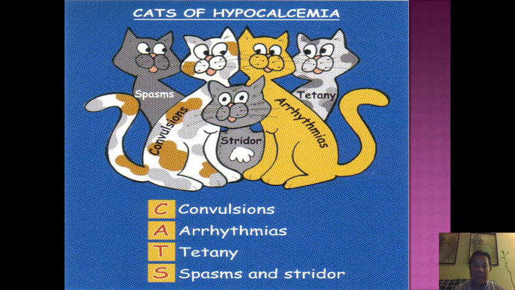Remember, if the patient has hypocalcemia, the patient may experience convulsions, involuntary muscular contractions like tetanic contractions right here, cardiac dysrhythmias, because calcium is also an electrolyte that helps regulate the electrical impulses in the heart, spasms, particularly of the muscles, and even respiratory muscles, and even your trachea, that can lead to constriction of the opening of the airways, that may lead to stridor, which is an emergency condition.